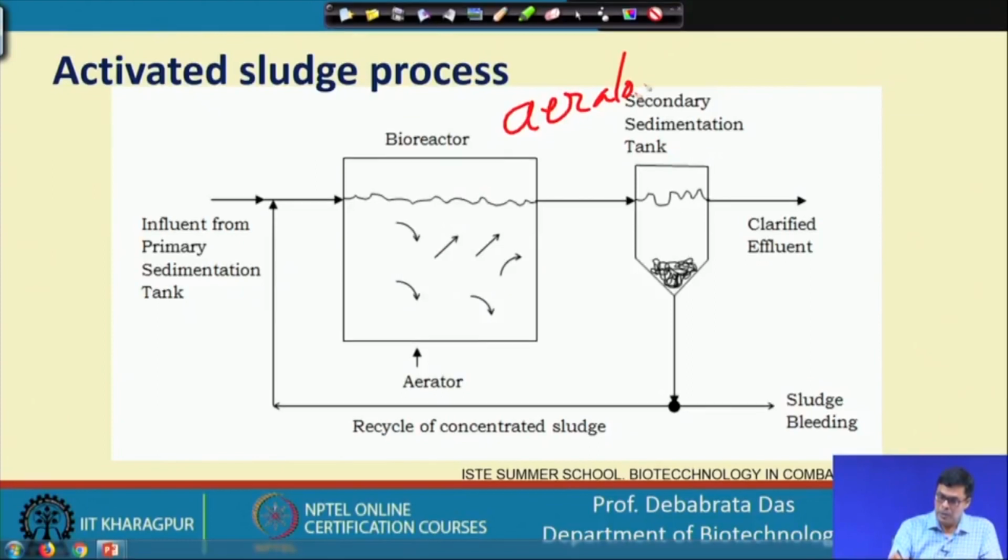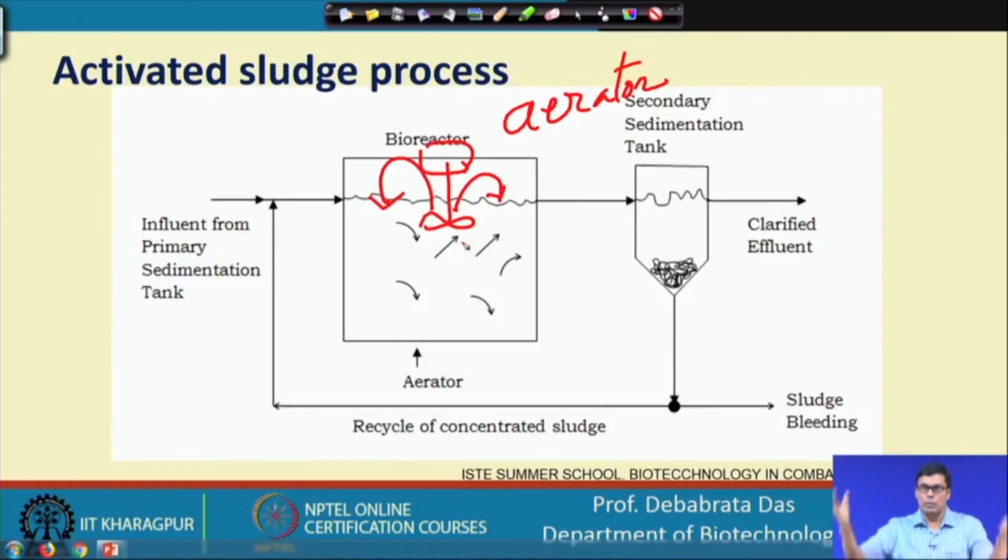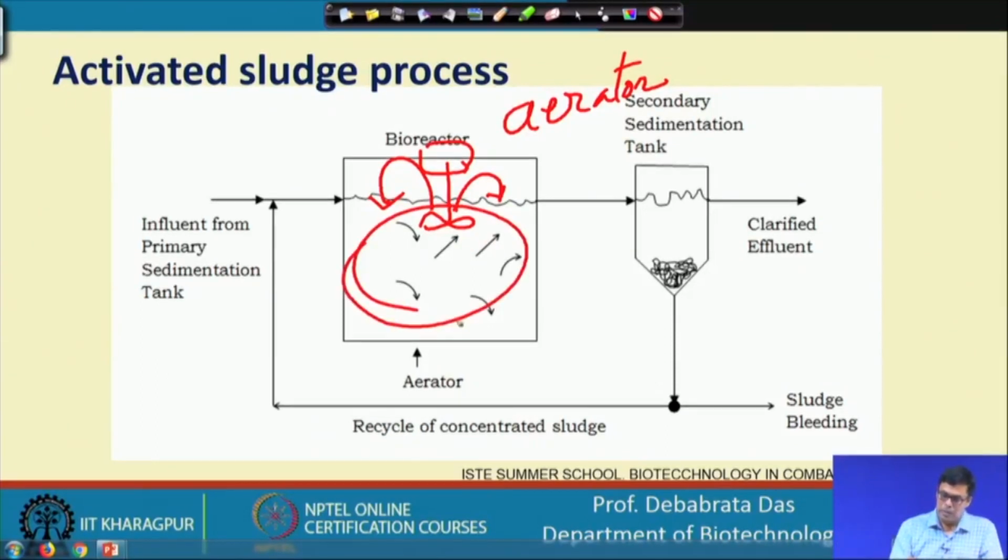This will throw the liquid like this. When it throws the liquid like this, the oxygen present in the air comes in contact with the liquid, and a lot of mass transfer takes place. So, the dissolved oxygen concentration in the liquid increases, and it also makes a stirring, so that the insoluble cells remain in suspension, freely interact with the liquid, and produce the cell mass.